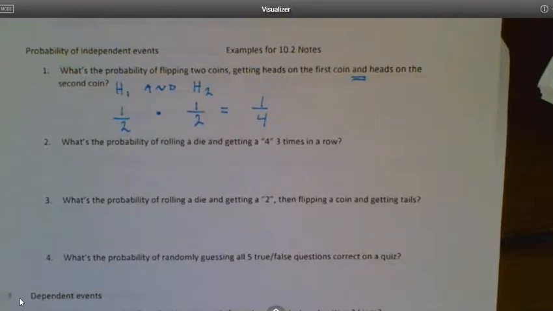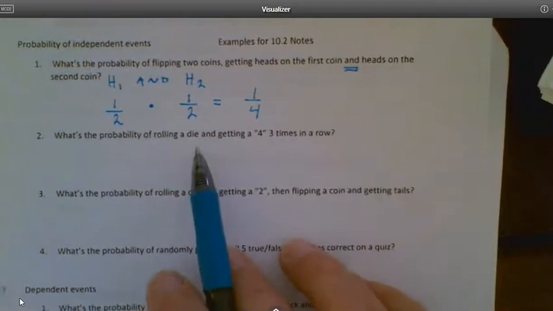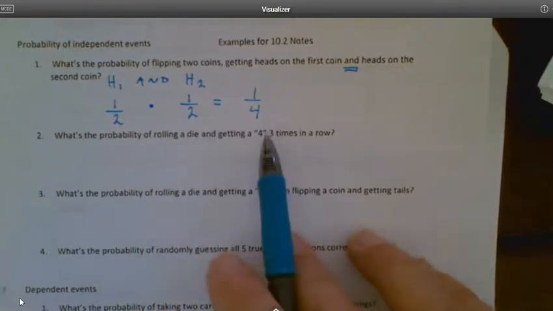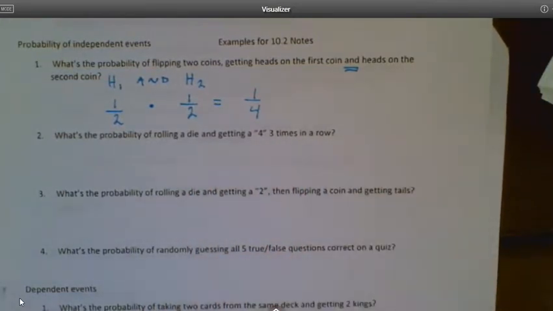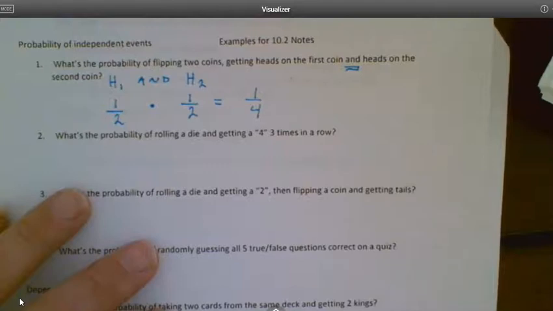What's the probability of rolling a single 6-sided die and getting a 4 3 times in a row? So I'm going to roll a die, roll it again, right? 3 times in a row. Again, these are independent, because whatever happens on the first roll has nothing to do with what happens on the next 2 rolls.